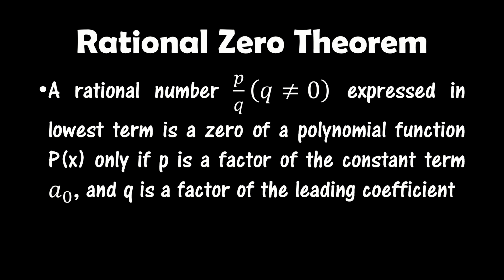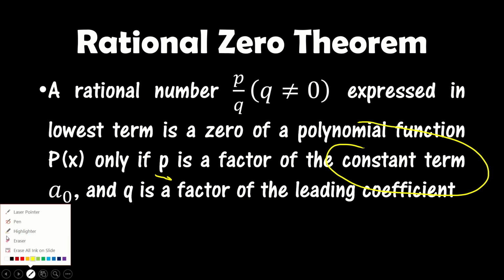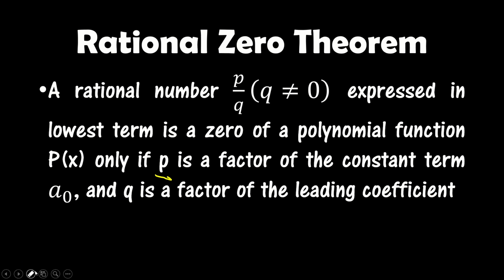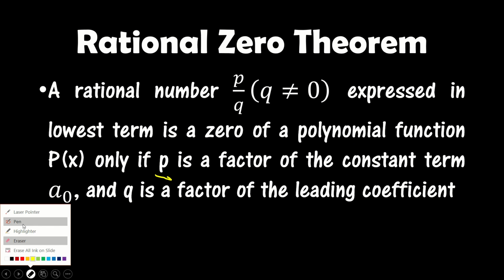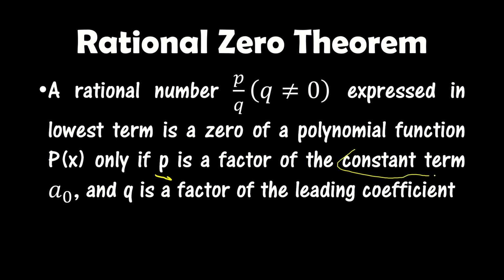Take note, grade 10, sinabi po doon sa statement na yung p is a factor of the constant term. Again, sabi po, si p is a factor of the constant term, while q is a factor of the leading coefficient.